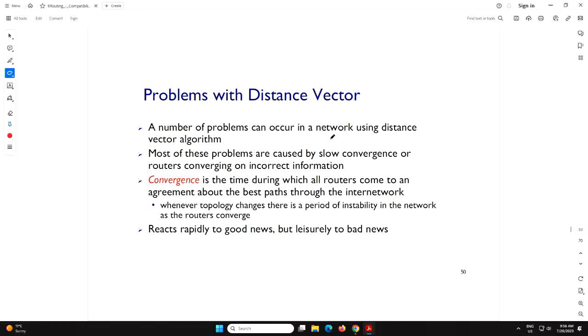And the speed at which things can happen in the network and changes can happen is beyond the human reaction time, right? And if you do not fix it, then it will remain unstable. There can be loops in the network. Packets may be going around, packets may be dropped. Efficiency will drop, right? It will take a long time to download a page because of the routing problem, right?